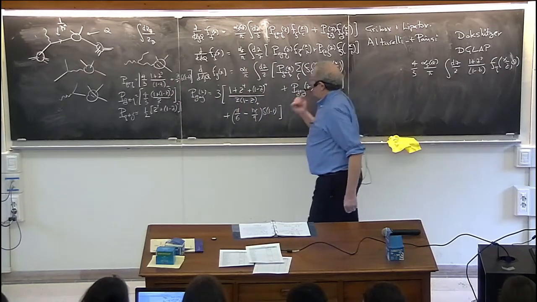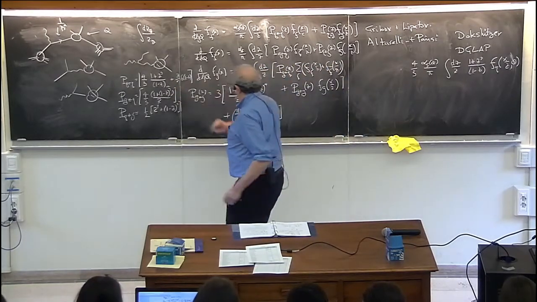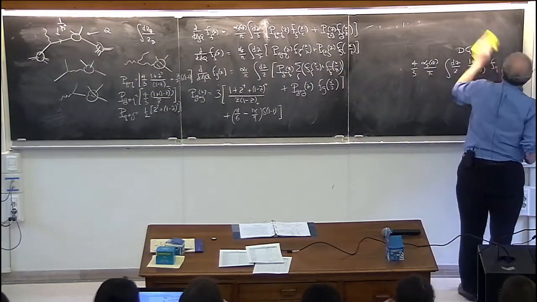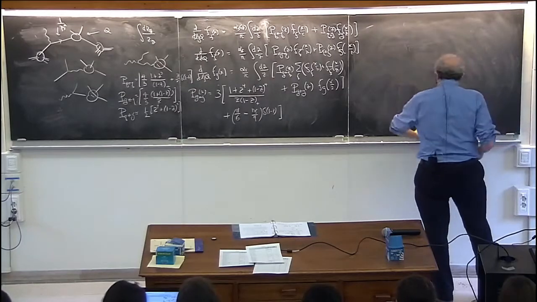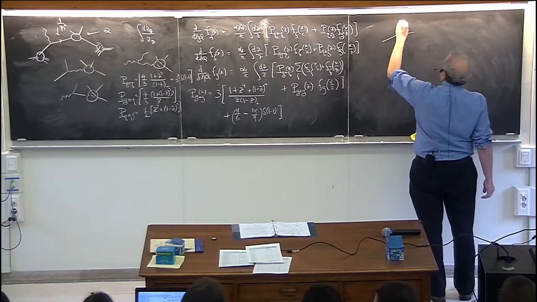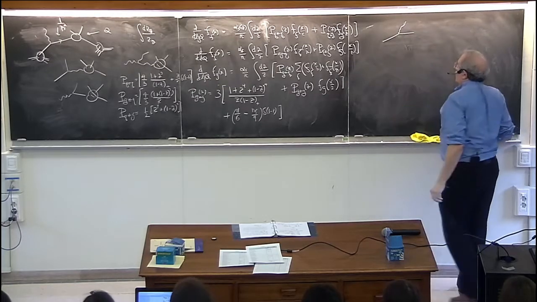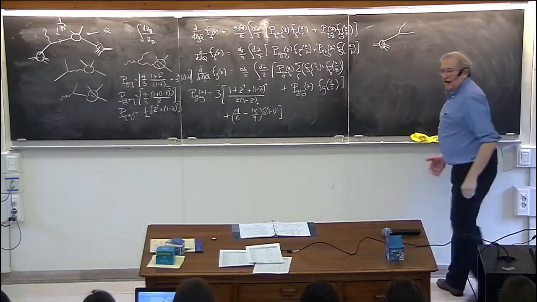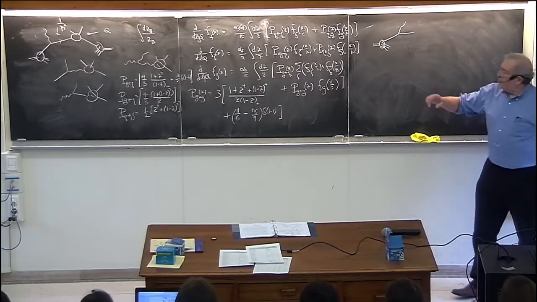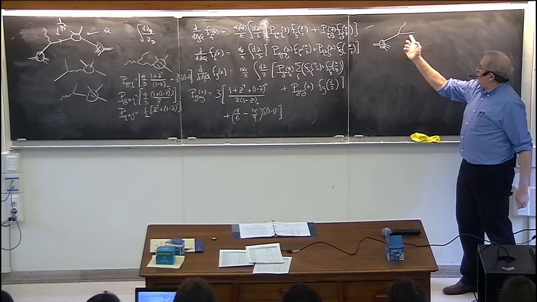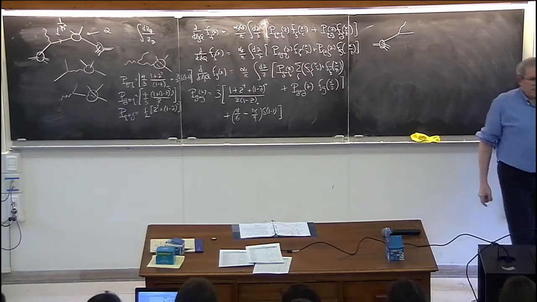And I think probably it's easiest to explain if I talk about this term here. So what we calculated a moment ago was the change in the parton distribution at lower values of x when I have a high momentum quark that emits a gluon and turns into a low momentum quark.